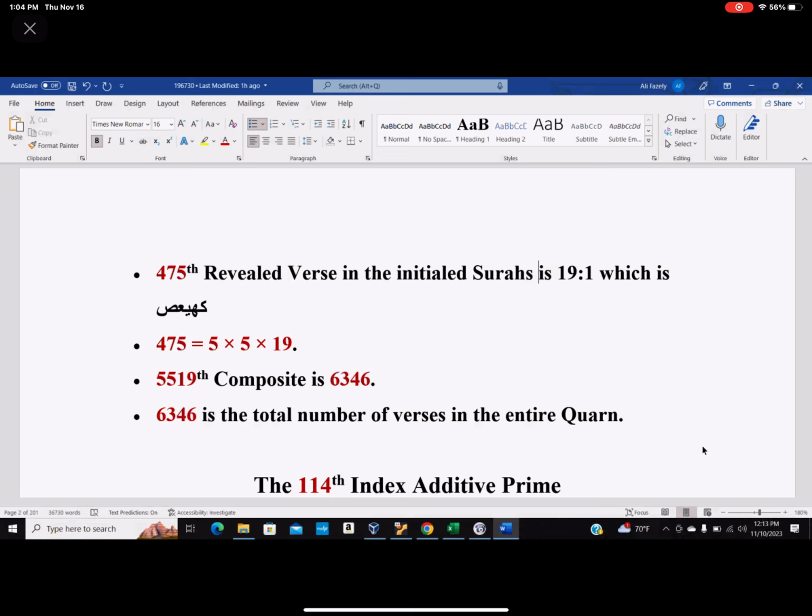You can search for it and see what goes on with this. One of the things is that 5 times 5 times 19 is 25 times 19. And if you look at the frequency of the word Adam and Jesus in the Quran, they're both mentioned 25 times.